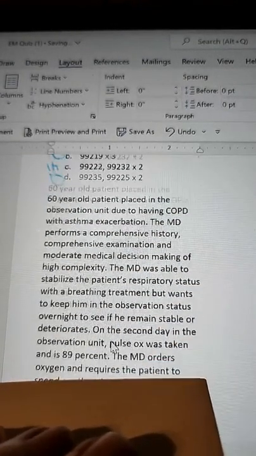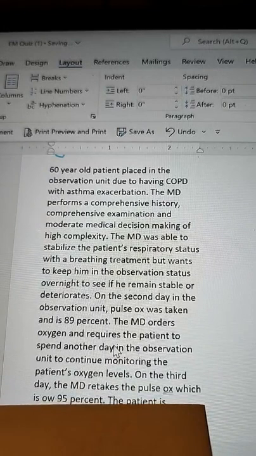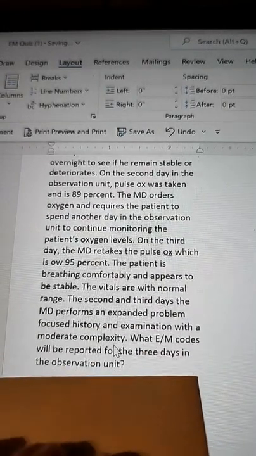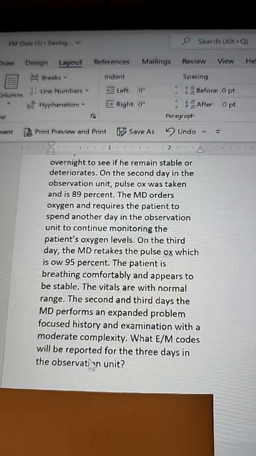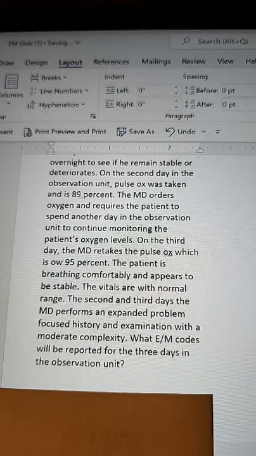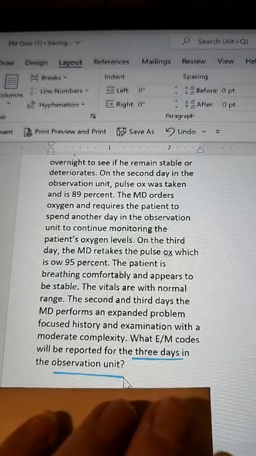So we got a COVID patient, and they could be particular. Let's go down here and make sure what we're trying to answer first before I start going into what is going on in the question. So they want to know the E&M codes for the 3 days in observation unit. So that's helpful.